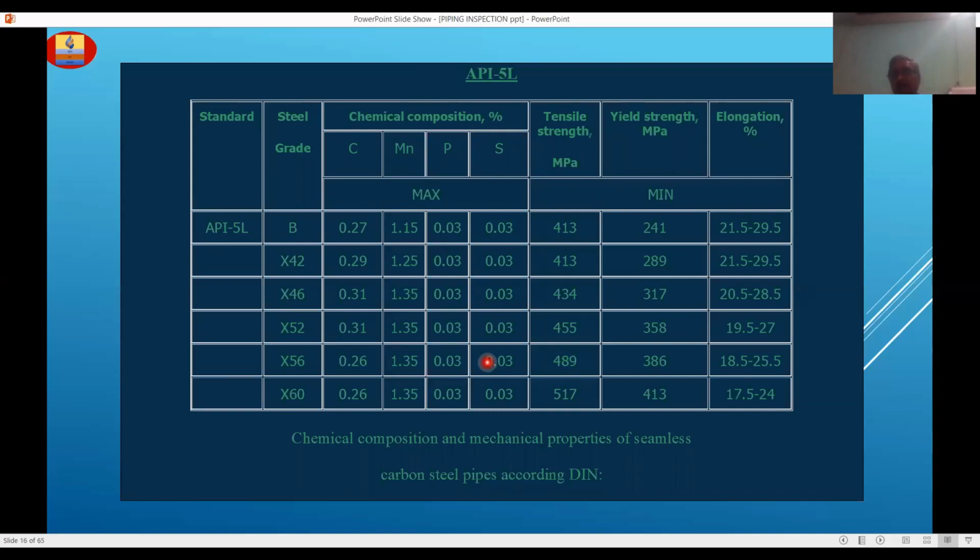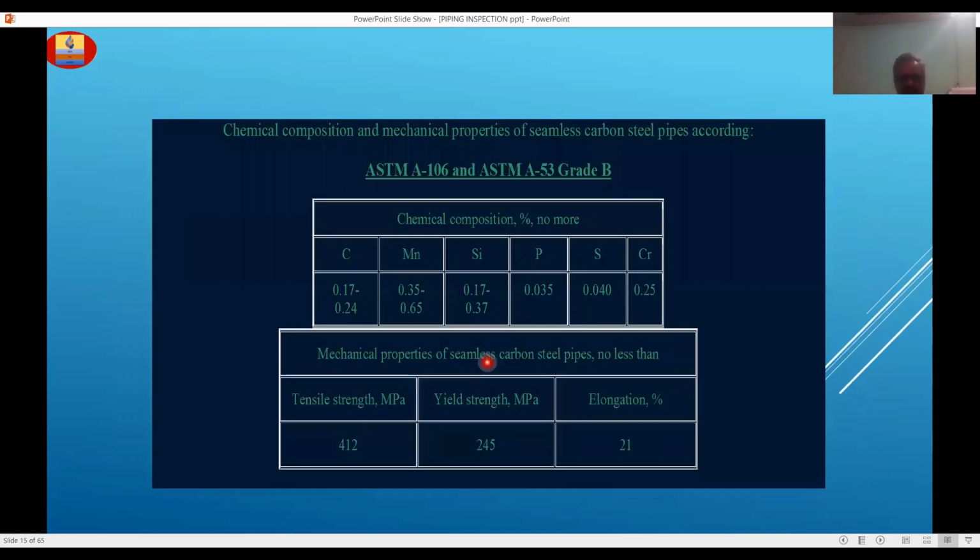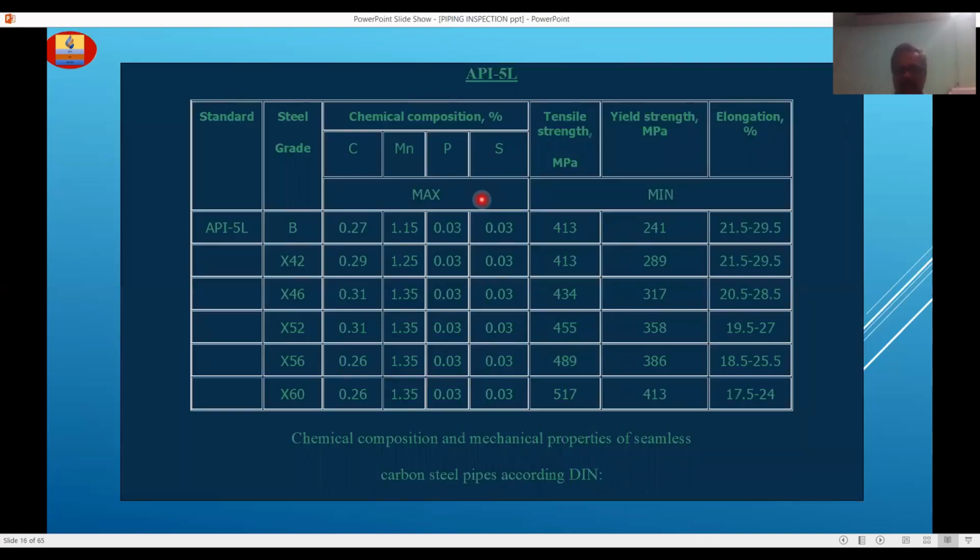API 5L. Before that, I would like to go back. This grade material will be used in plant process piping, B31.3 process piping, and many other pipes are there. Grades you will come to know later. But why am I telling you about 5L? 5L is mostly used in cross-country pipelines, normally X42, X50, like this.